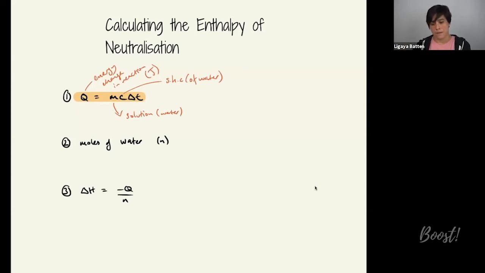So now if we put 50 centimetres cubed of acid and 50 centimetres cubed of alkali in, then our solution is the 50 plus the 50 to give us 100 centimetres cubed. And you may or may not be told in the question that you can assume the density of the solution is the same as the density of water.